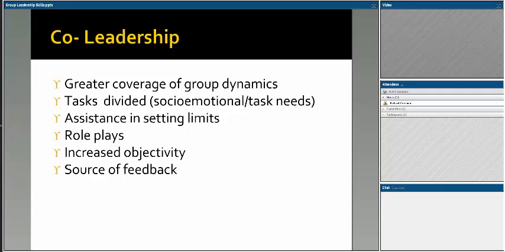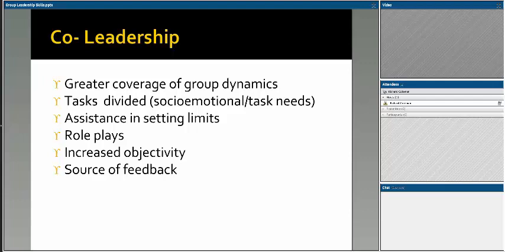Some advantages to think about with co-leadership: with two people you have the ability to get greater coverage of group dynamics, looking at and paying attention. You can divide the tasks. It's not uncommon for one group member to do some recording while the other person takes the lead in forwarding the conversation, moving back and forth.